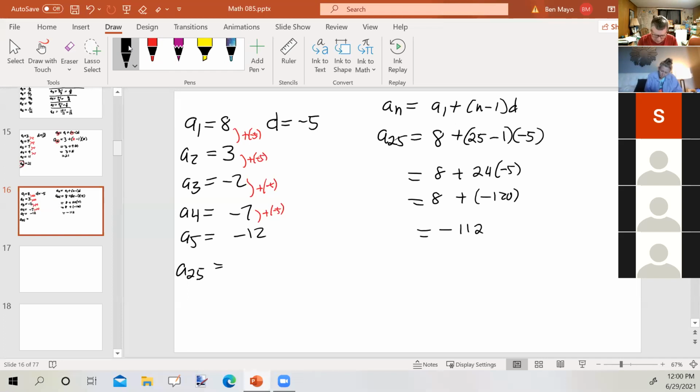Let's check that out. 8 plus -120 is -112. The calculator does not fail me, at least not this time. So this is -112. Are we okay with this? Any questions about this?